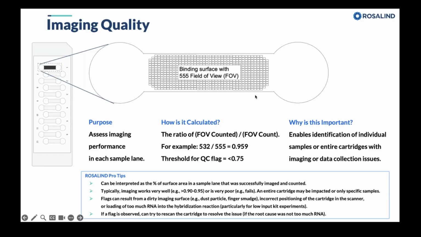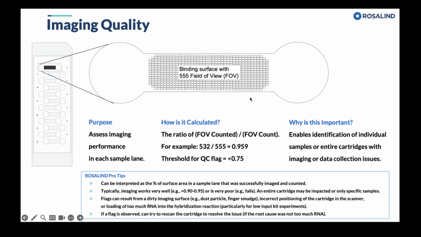If you're familiar with the technology, you're essentially labeling individual transcripts with these fluorescent barcodes. And then you bind all of those barcodes to this imaging surface. To collect your data, you essentially scan this entire imaging surface and simply count the barcodes that are bound to the surface. When this is done, the instrument does not scan the entire surface area in one step.